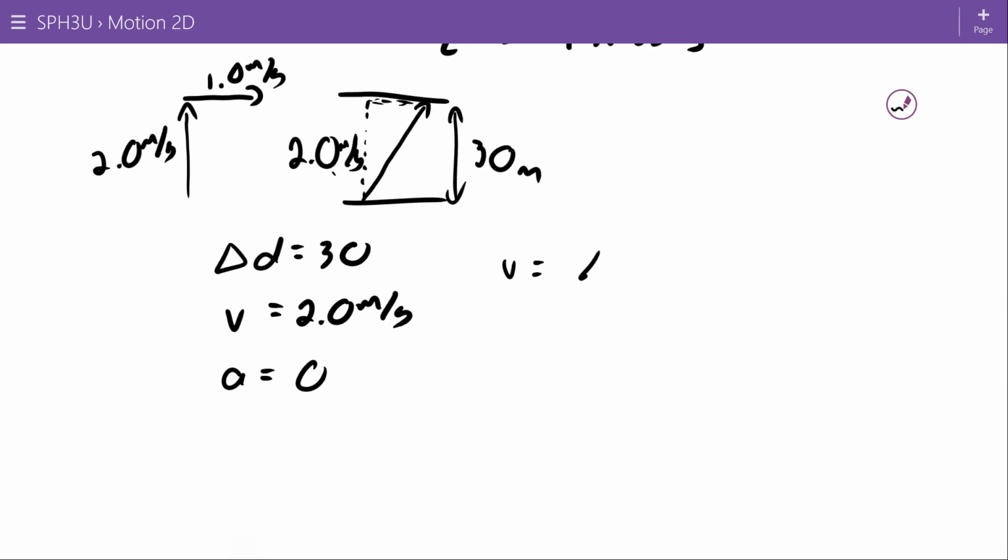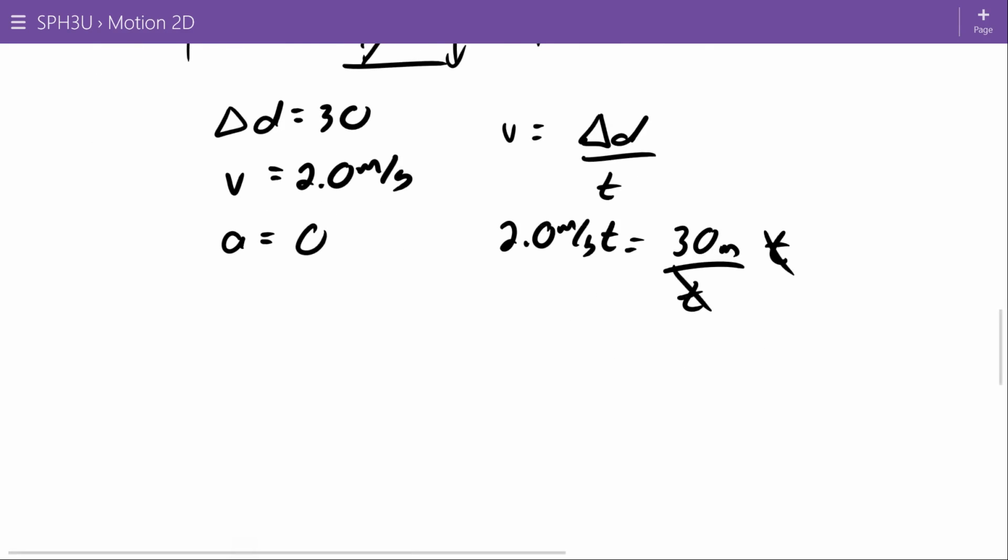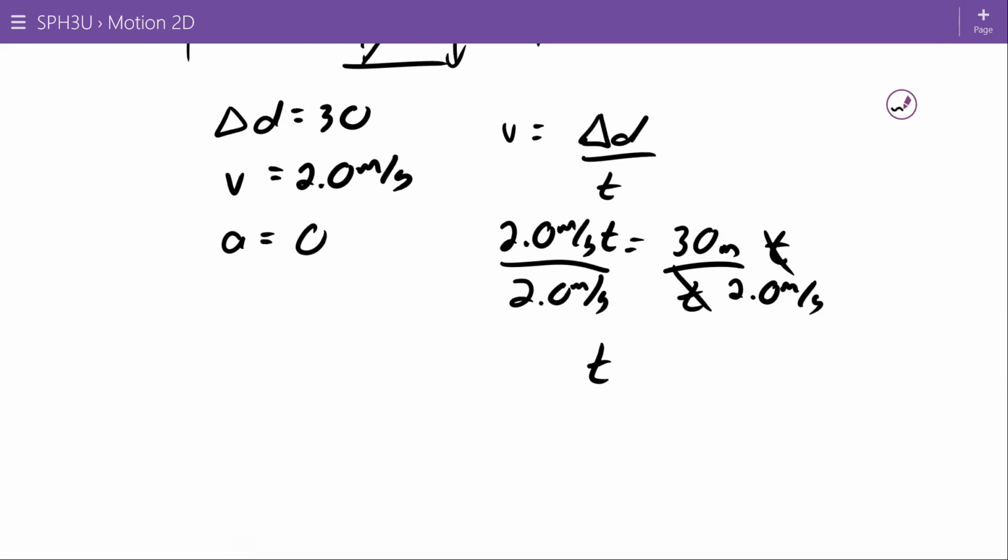So v equals delta d over t. 2.0 meters per second equals 30 meters divided by time. Again, multiply both sides by time. Get them to the top on the other side. Divide both sides by 2.0 meters per second. And t this time is 15 seconds.